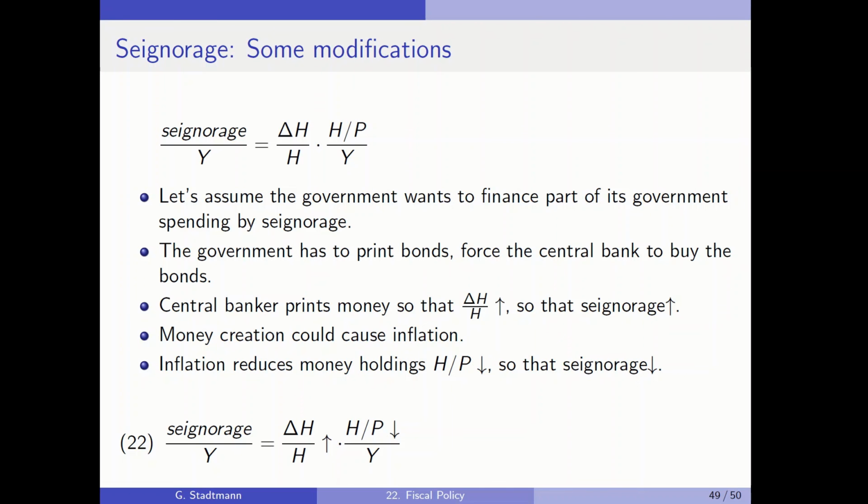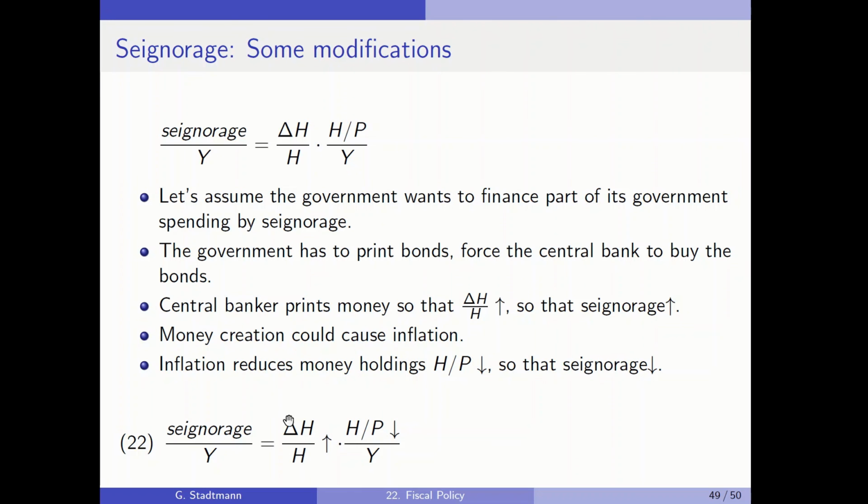But it is also the case that money creation could cause inflation. If inflation occurs, then a positive inflation rate reduces money holdings of the private sector, so that H divided by P, money holdings, decreases, and this has a negative effect on seigniorage. So the government is printing bonds and forcing the central bank to print money.